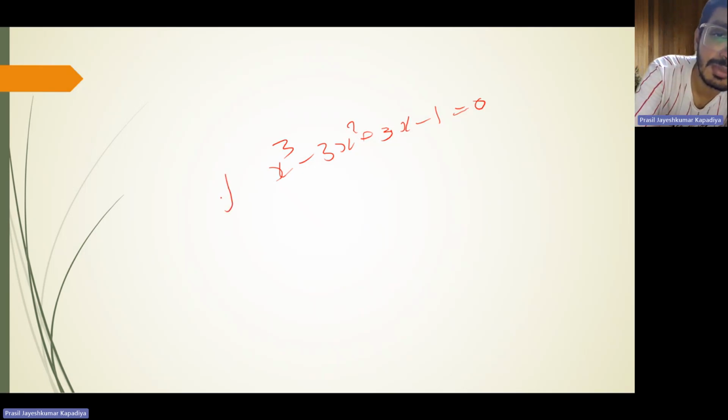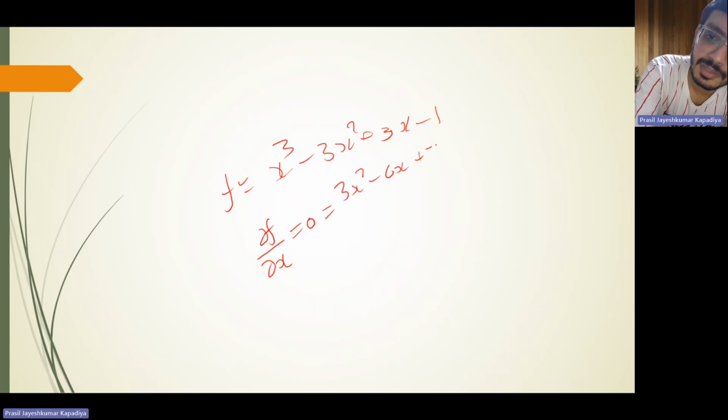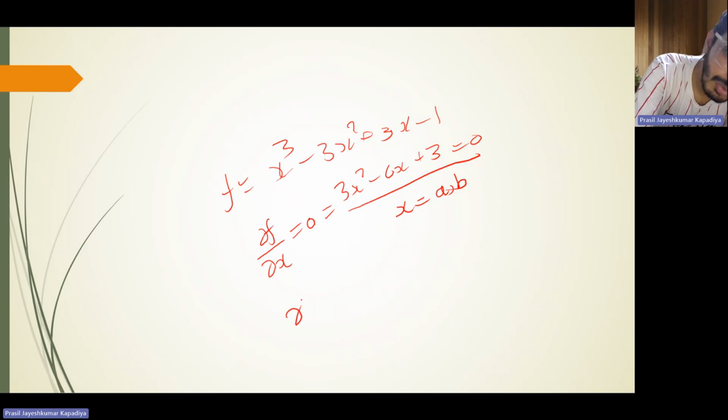So how do I find a minima? This is my function. So I first do del f by del x is equal to 0. That is 3x square minus 6x plus 3, that is equal to 0. And if I solve this, I get some values of x, one positive value, one negative value. Then I need to find del 2f by del x square, that is 6x minus 6.